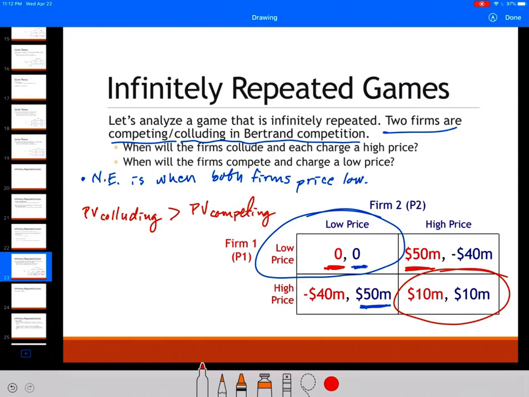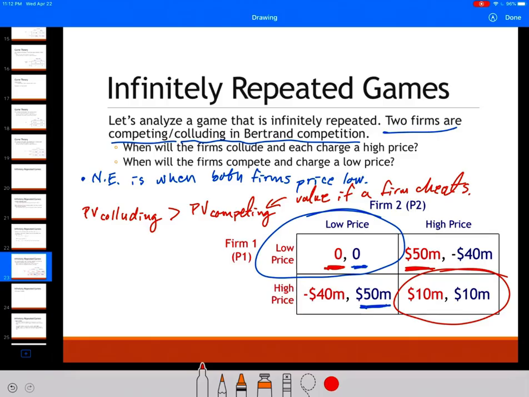What I mean by this is that this is the value if a firm cheats once. Let's walk through this. What's the present value of colluding?